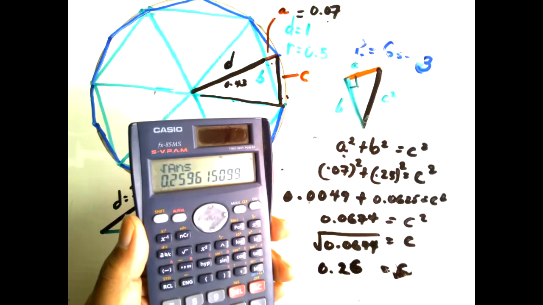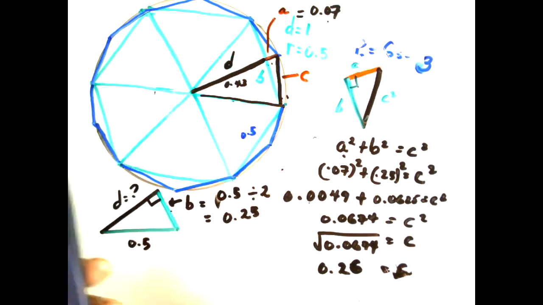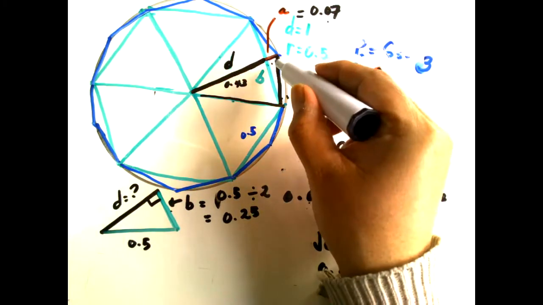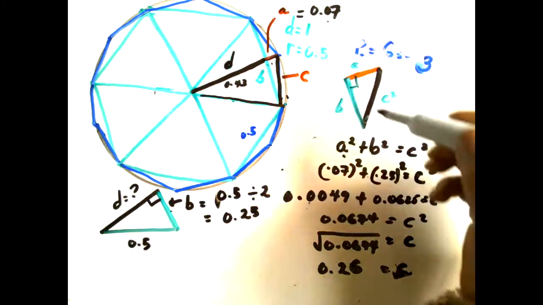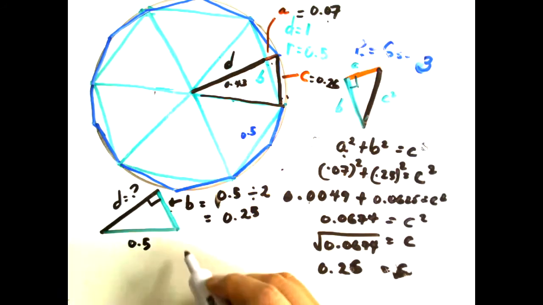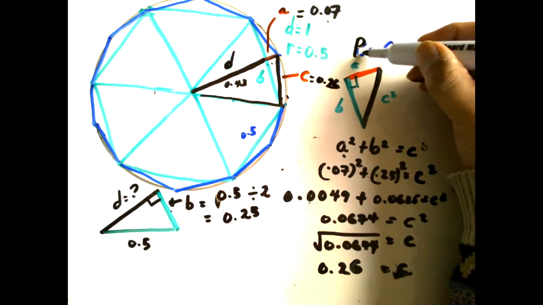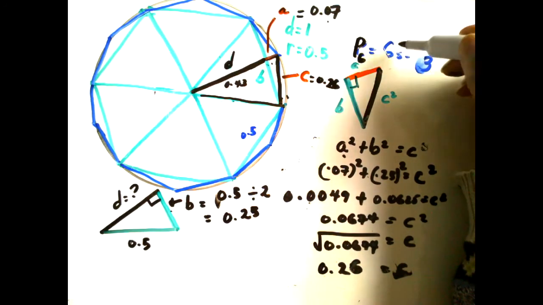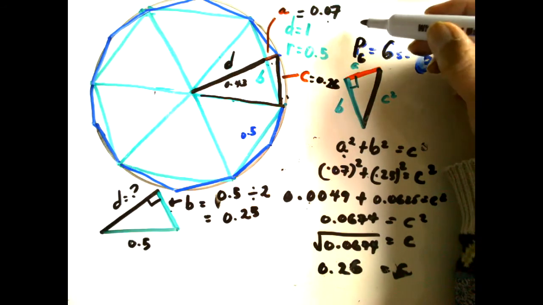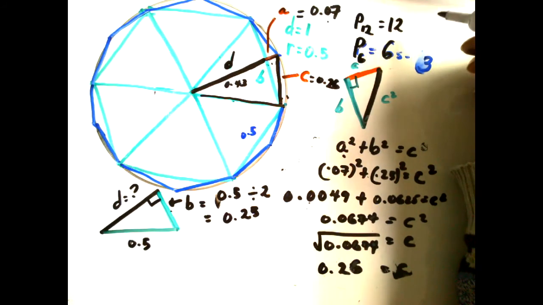And from that, we can calculate the perimeter. So the perimeter of a 12-sided figure is, you add all the sides, which is 0.26. So let's put it in here. The perimeter of a 12-sided figure is 12 times its side.